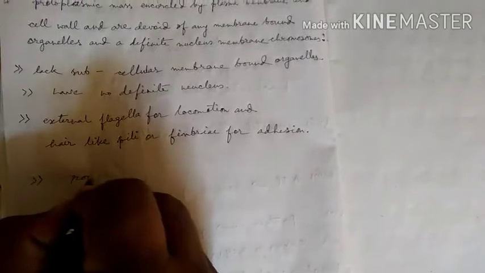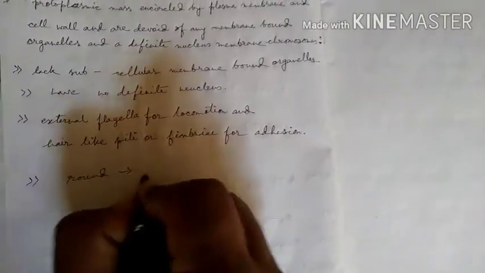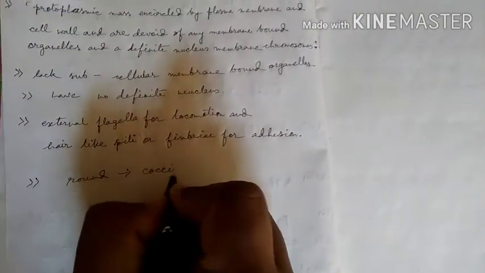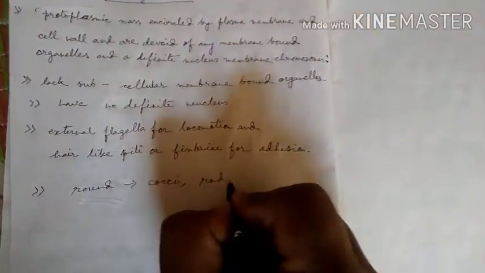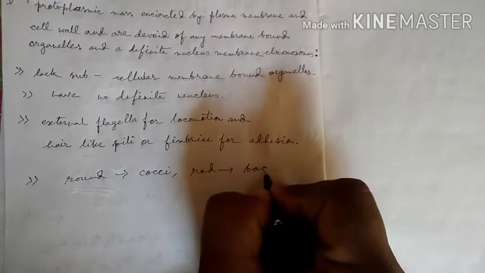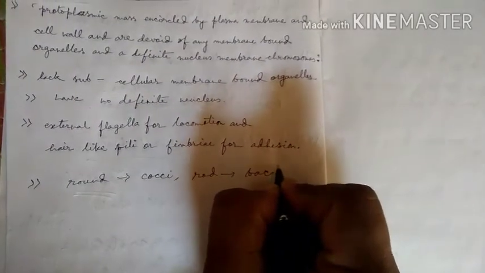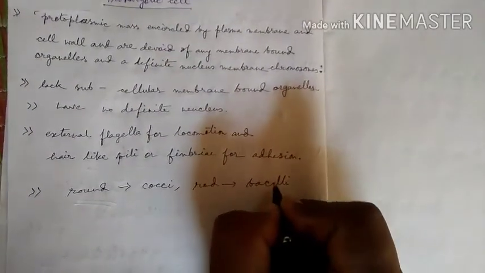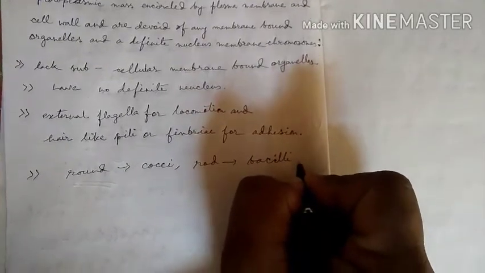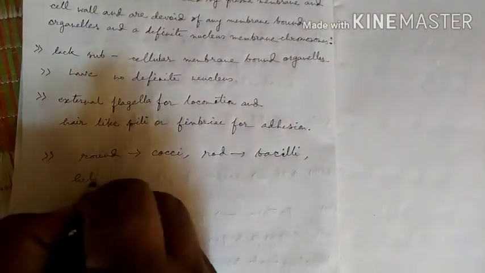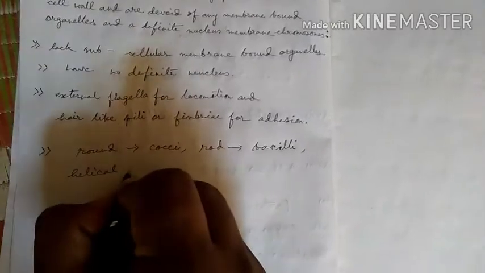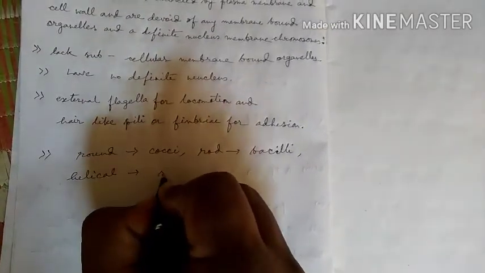They may be round-shaped, which is called cocci; rod-shaped, which is called bacilli; or helical-shaped, which is called spirilla or spirochetes.